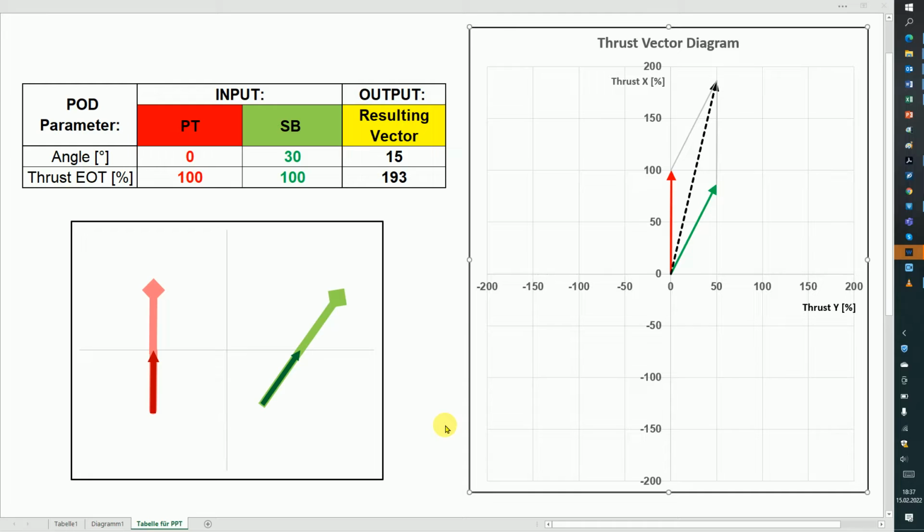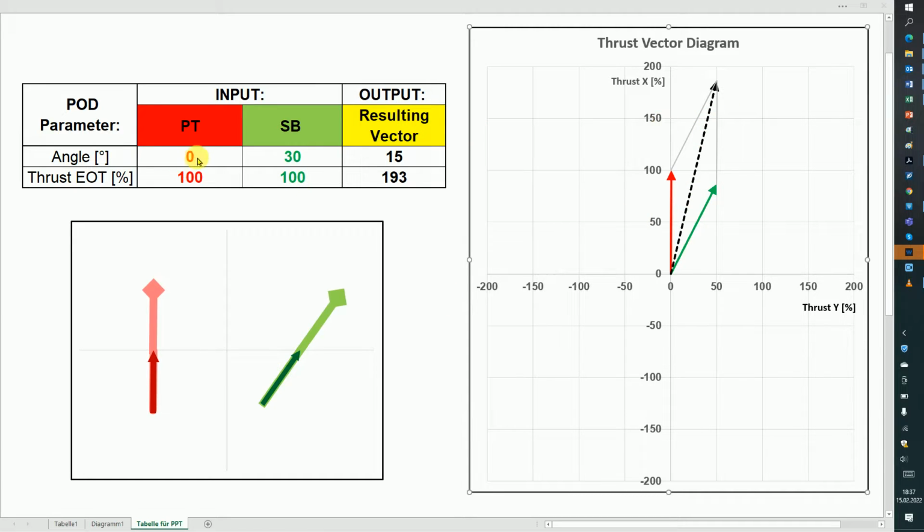So this is now the demonstration of the pod vector approach. We have here the tableau for input of the pod angle and the engine order telegraph settings. Here we see the position of the pods, and here the vectors are shown.